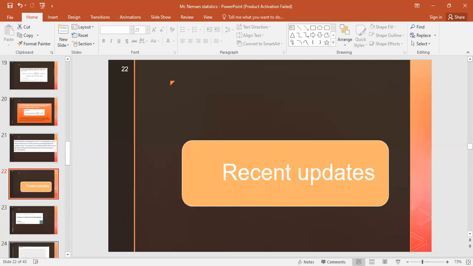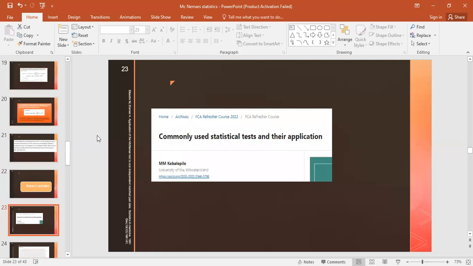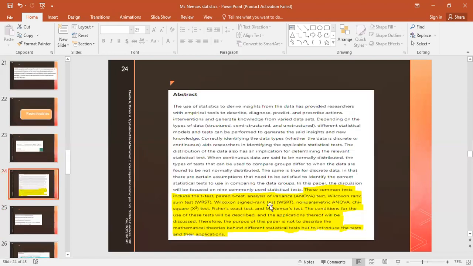Now it's time for the recent updates. This is one of the articles in which they discuss non-parametric statistical tests and their applications. The same is true for discrete data, in that there are certain assumptions that need to be satisfied to identify the correct statistical test to use in comparing the data groups. In this paper, the discussion is focused on nine commonly used statistical tests.